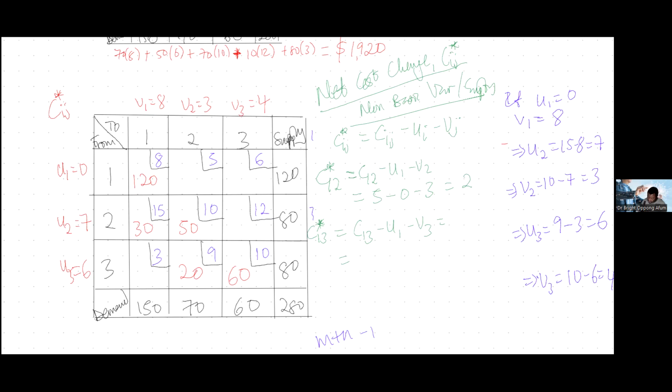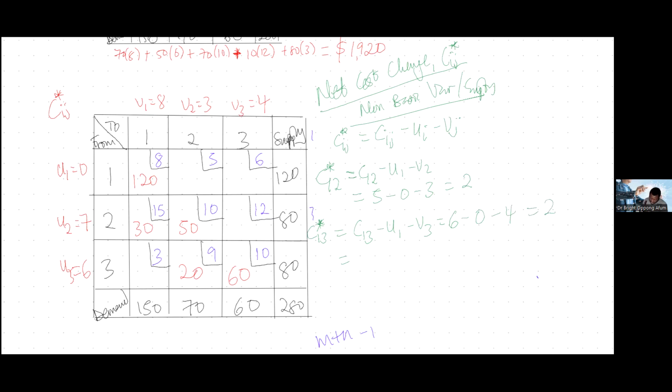C13 is 6 minus U1. So 6 minus U1 is 0, minus V3 is 4, and that gives us positive 2.